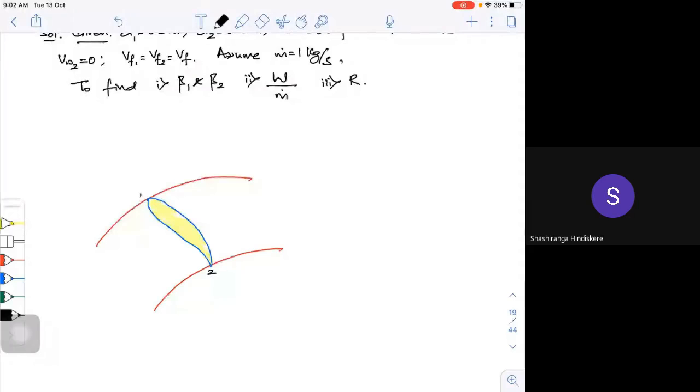That's where my fluid is entering. So let us try to draw a simple tangent here at this particular point. Same thing you try to do at point 2 also.